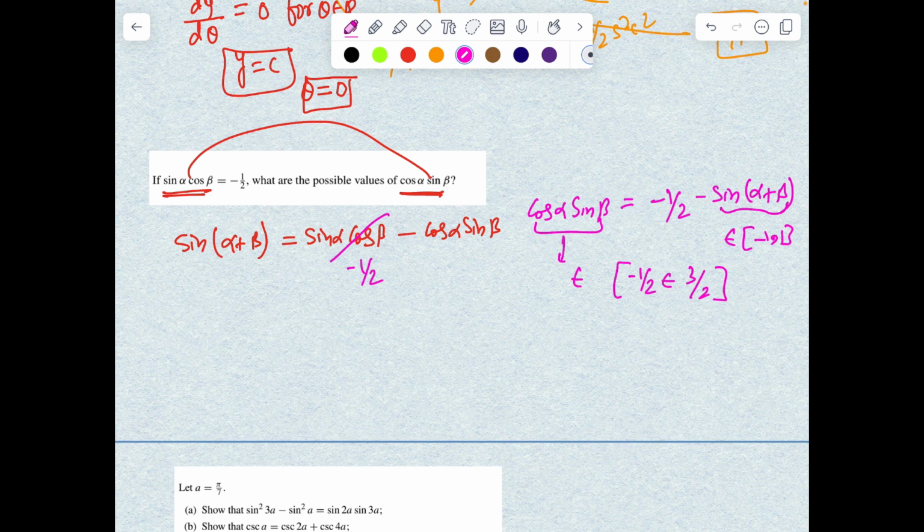So I hope this is very clear. In fact 3 by 2 will not be included here. But similarly, we also know sin alpha minus beta is also a way to connect. So that will give sin a cos b. In fact this will be plus here.